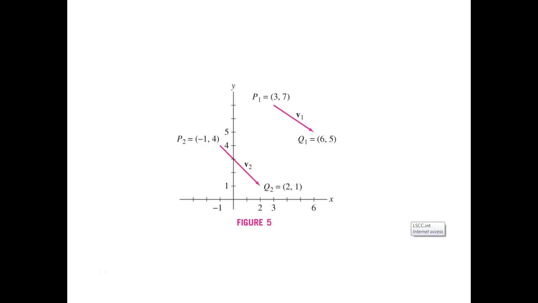What are they in this one? So A is 6 minus 3, which is 3. And then B is 5 minus 7, right? Which is -2. So this vector V1 would be, I can't write on there, so just imagine it's there, 3, -2.